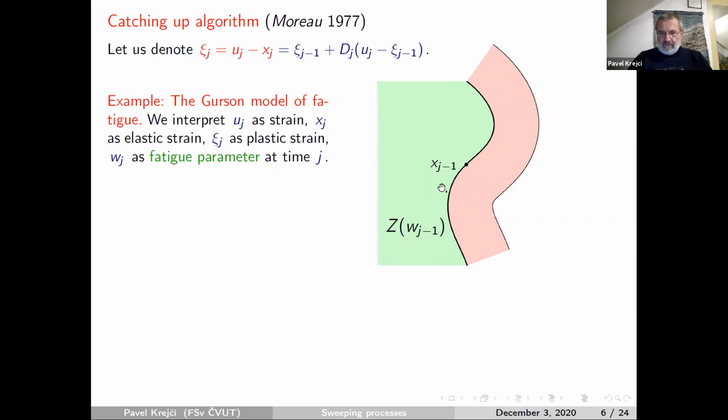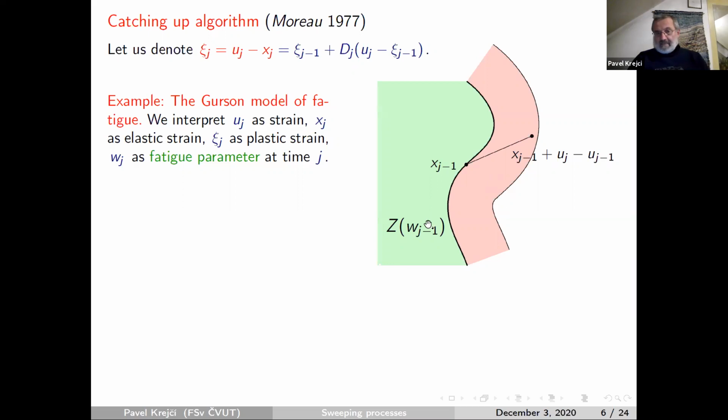And now, what is happening? We are at the time j-1, we have our elastic strain somewhere in the set Z of wj-1. And now we apply a strain increment, uj-1, and we run out of the set Z of wj-1.